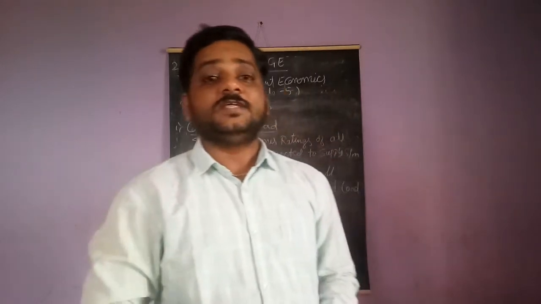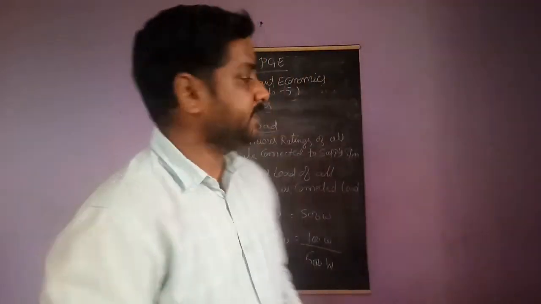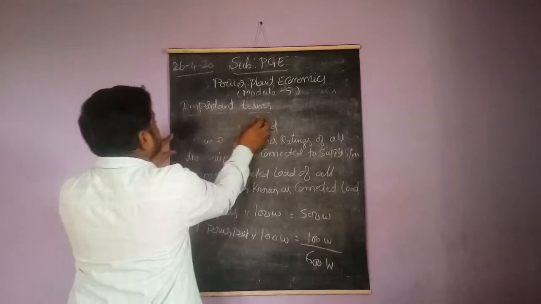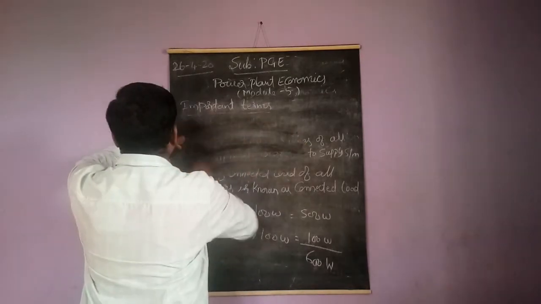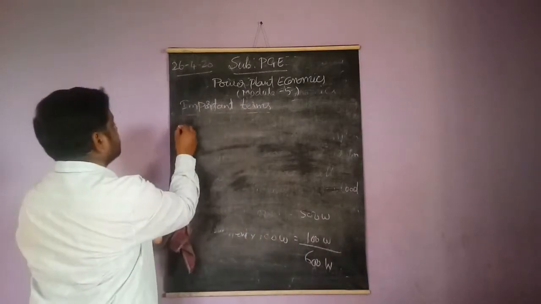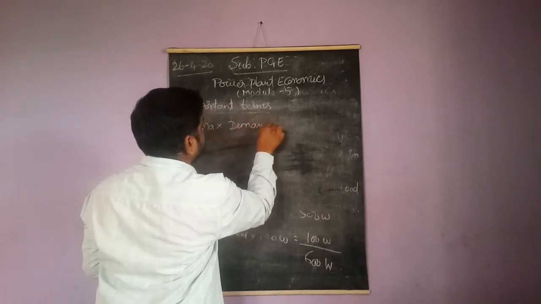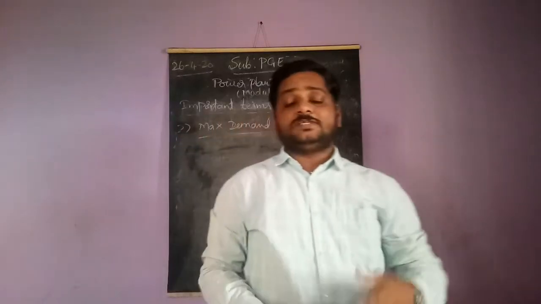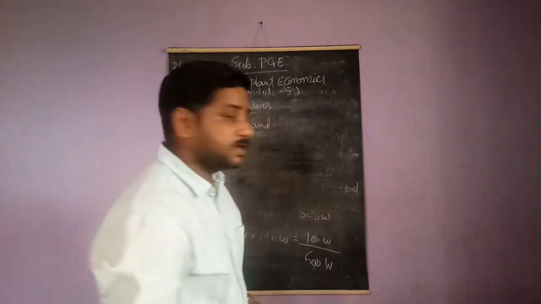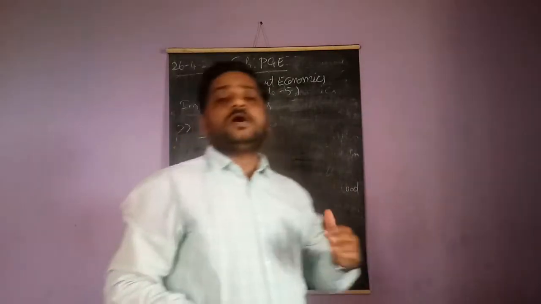Now let's move to the second important term in this concept, that is maximum demand. To understand this, let me recall the load curve. In the first module we discussed the load curve, which gives the idea of the load applied with respect to time.